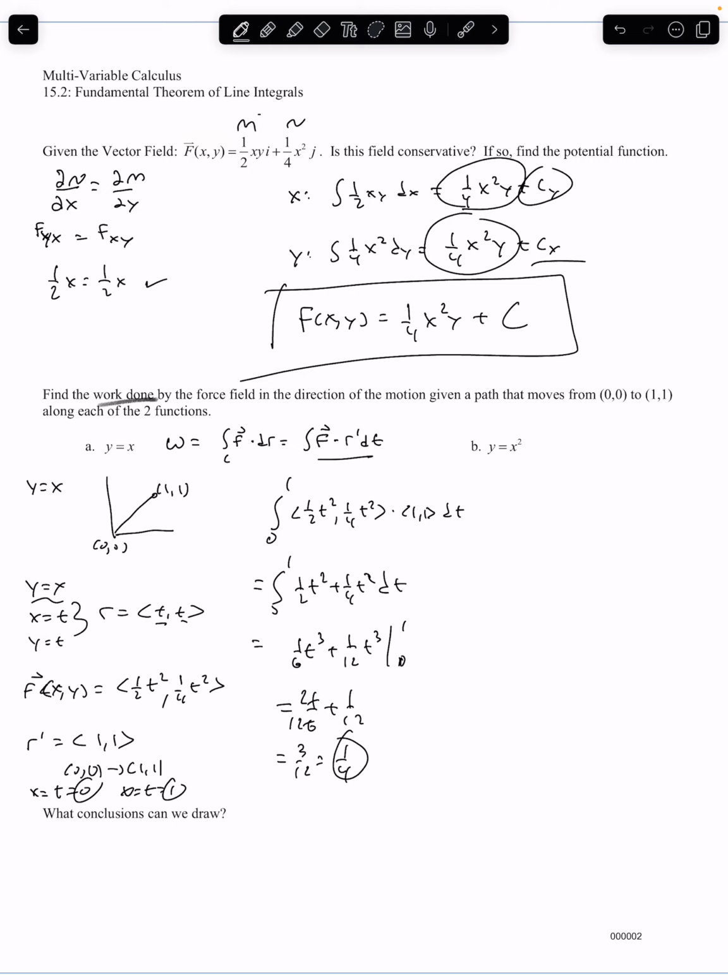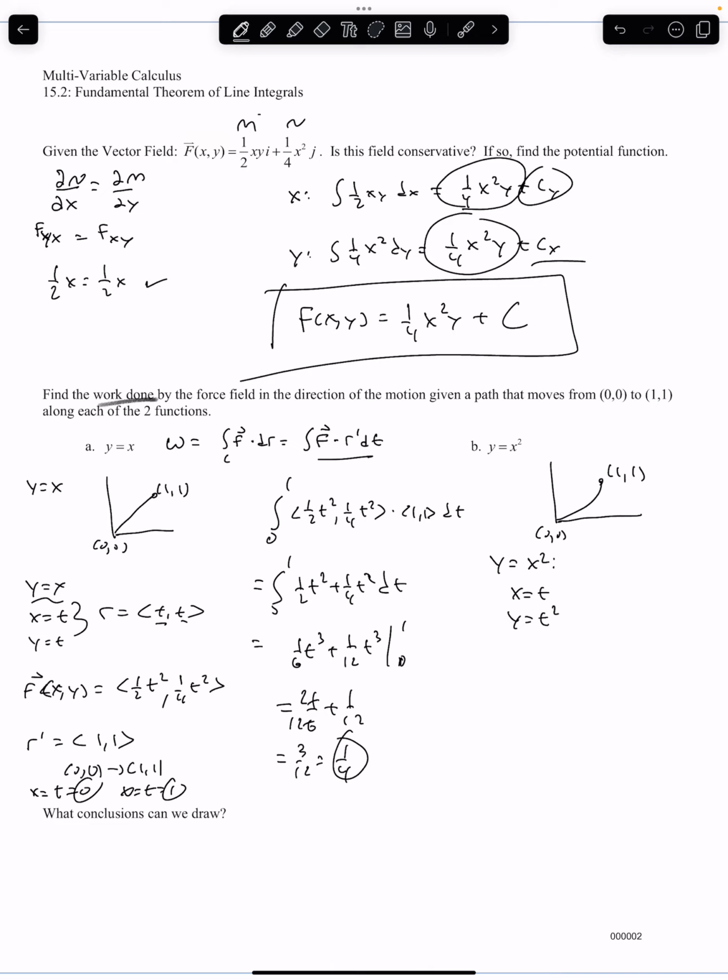So let's see what happens if we take the same vector field and apply it to our path, y equals x squared right here. Same thing, we're looking at y equals x squared from (0, 0) to (1, 1). We're obviously traveling a little bit further, but let's see how much work will be done. So x equals t, y is going to be t squared.